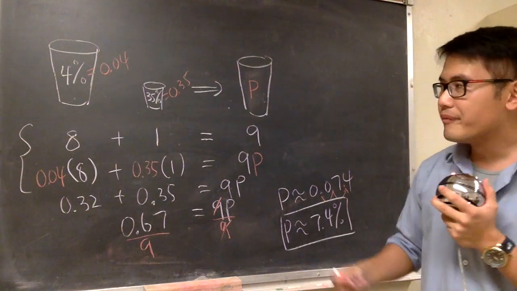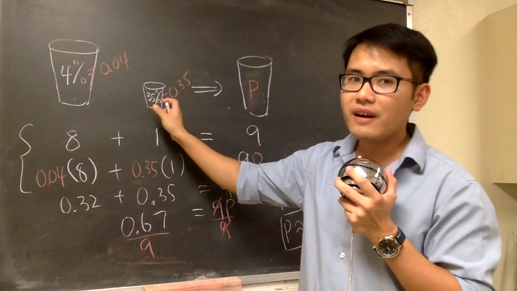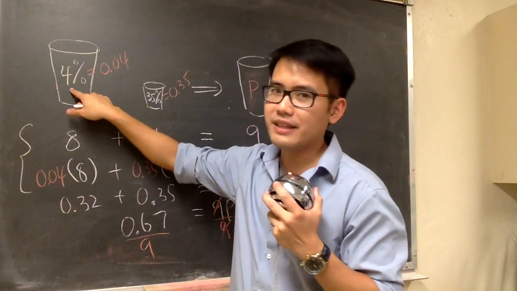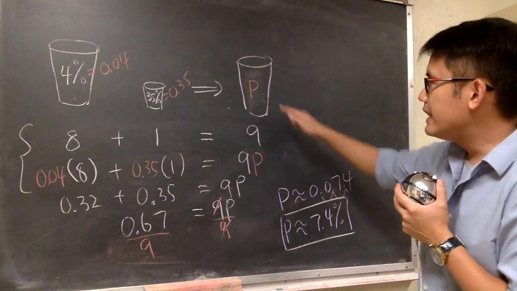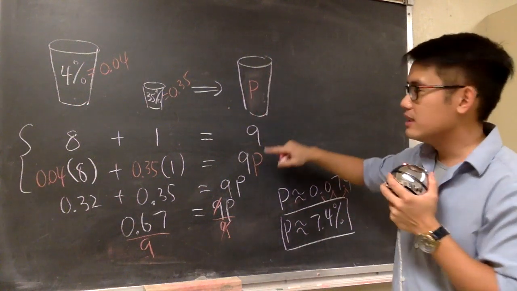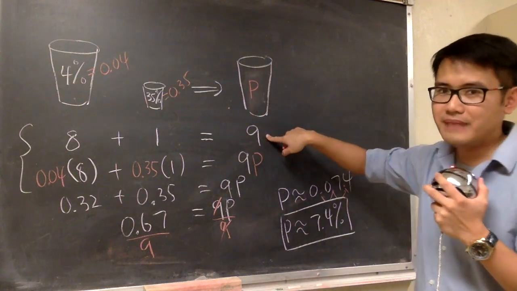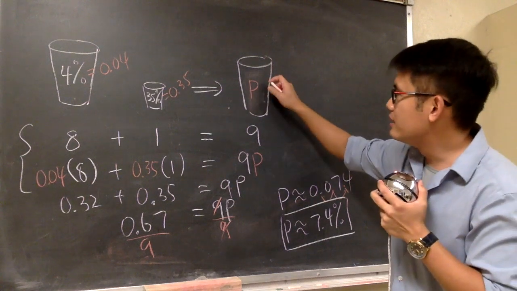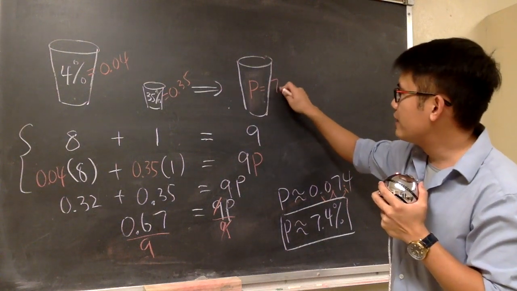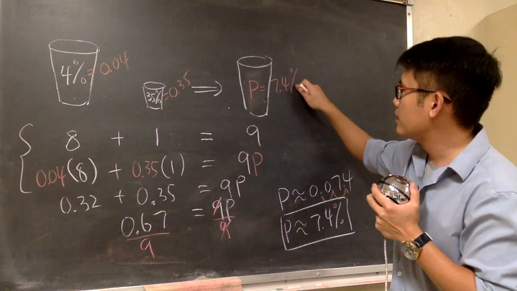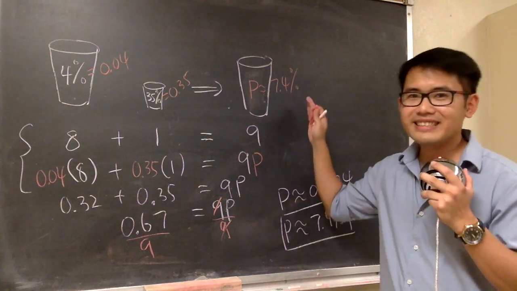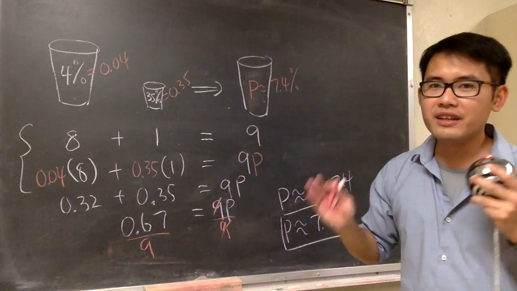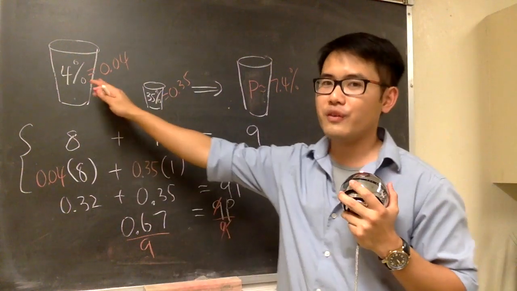And as you can see, after we pour this shot of vodka into the 4% cocktail with 8 ounces, this final drink is 9 ounces, and the alcohol concentration is 7.4%, right? And I think 7.4% will definitely taste much better than 4%.